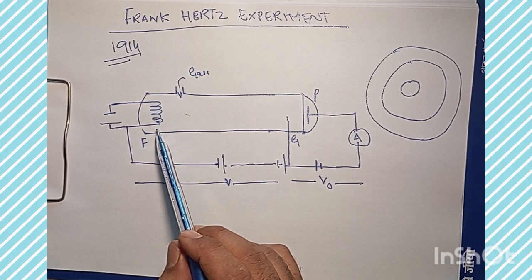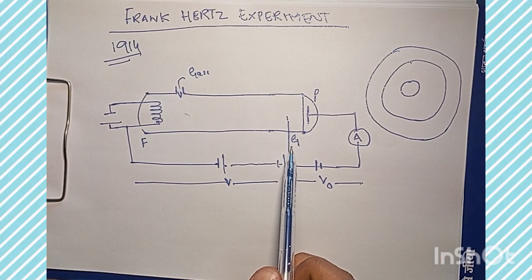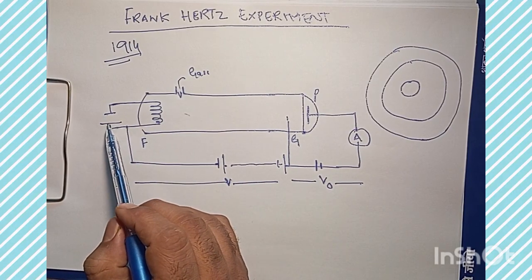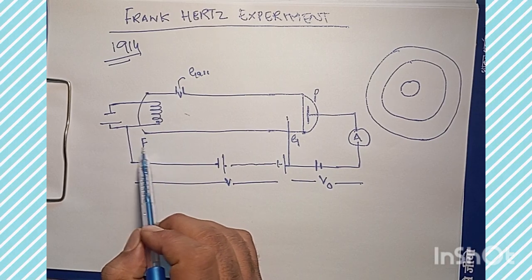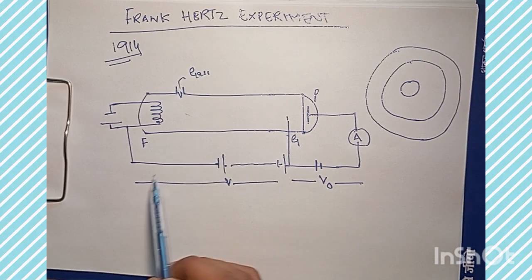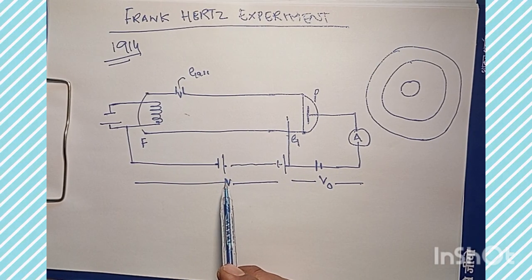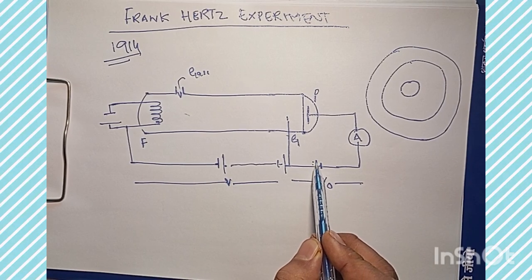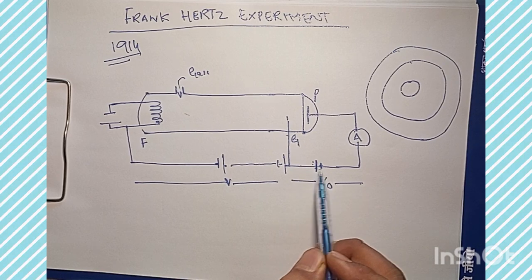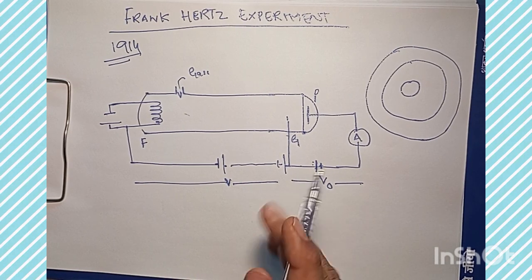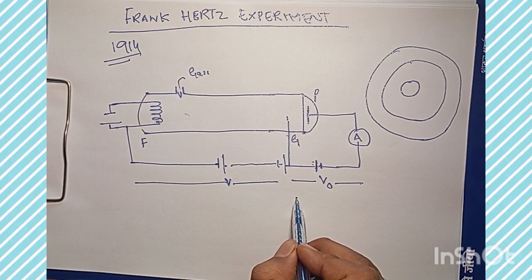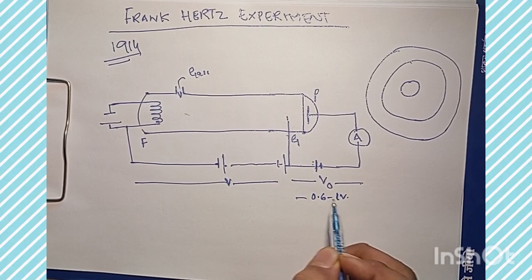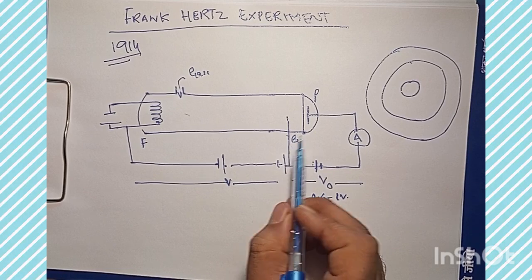This filament is F. We have a grid and plate P. The filament F is heated by a small battery, and an accelerating potential V is applied between F and G. Here we give a small fixed retarding potential, its value is nearly 0.6 to 1 volt, between G and P.